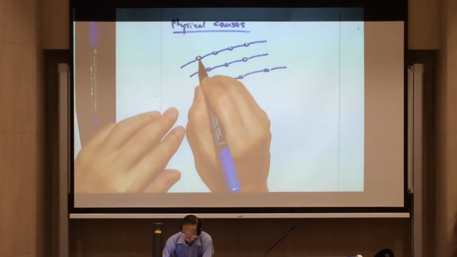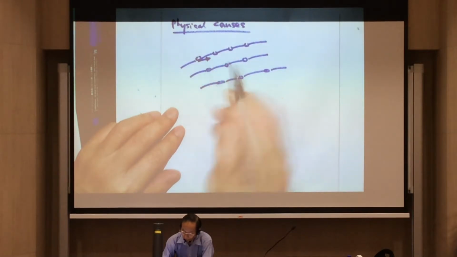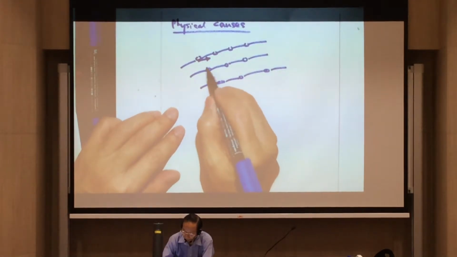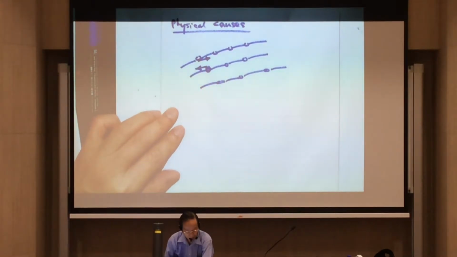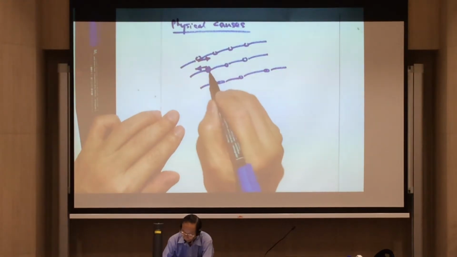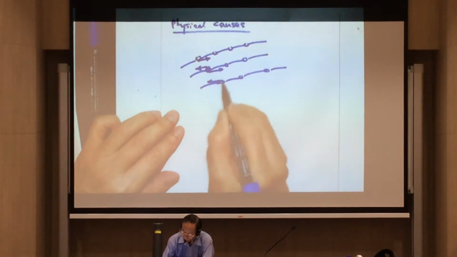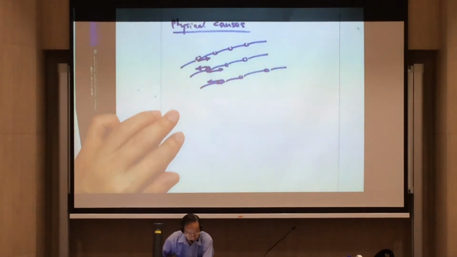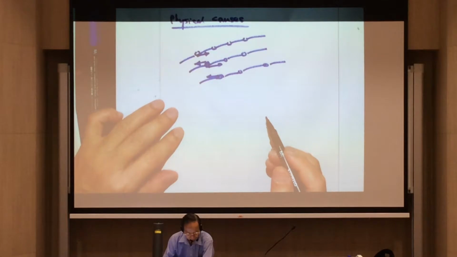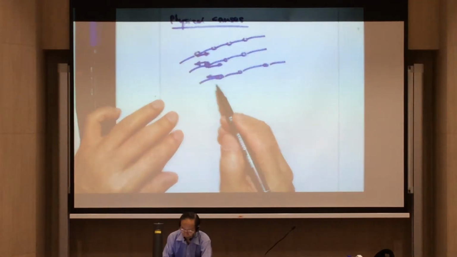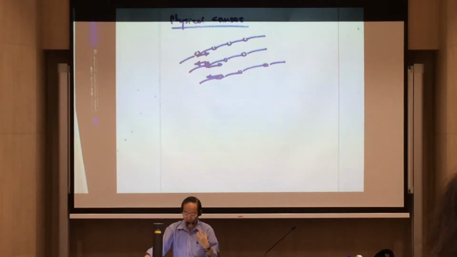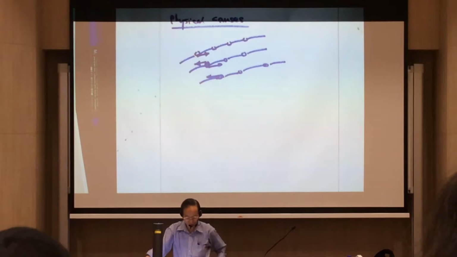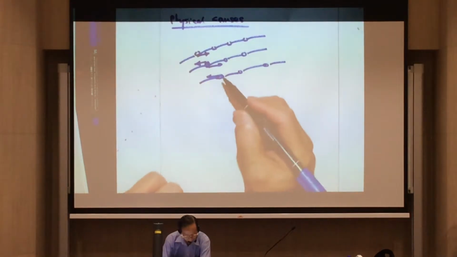So this fluid particle here will experience a shear force in the forward direction because of this fluid particle here, and this fluid particle will experience an equal and opposite shear force in the opposite direction. Likewise, this one, they are equal and opposite, and so on and so forth. Because of this friction, it gives rise to viscosity. So I just do a sketch here.